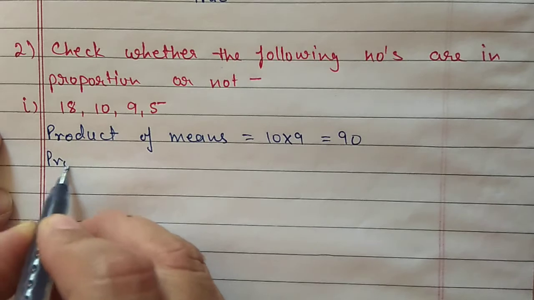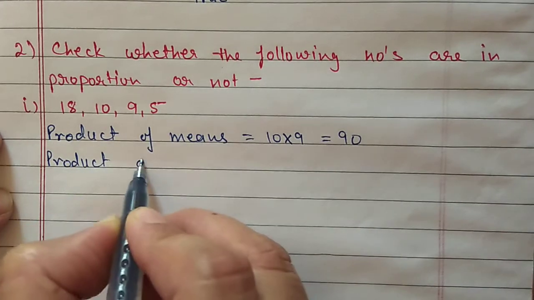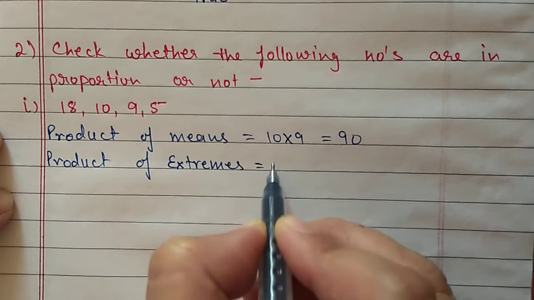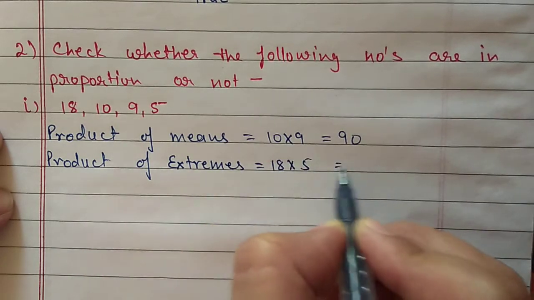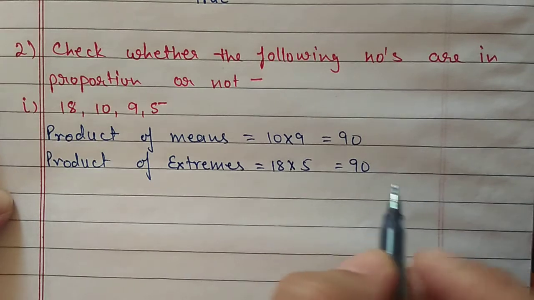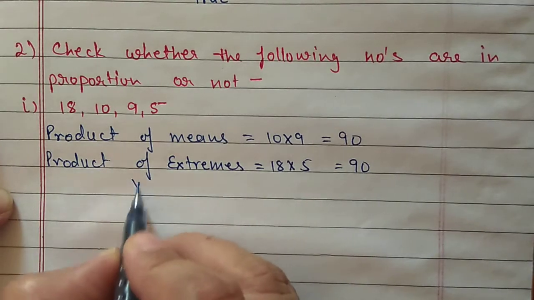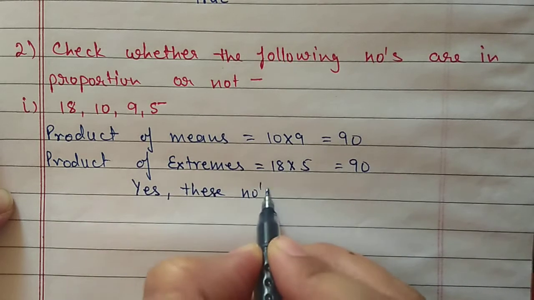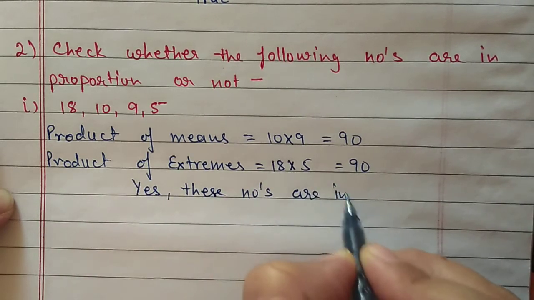Then product of extremes, 18 into 5, 90. So you can see both the values are the same. So we can write yes, these numbers are in proportion.